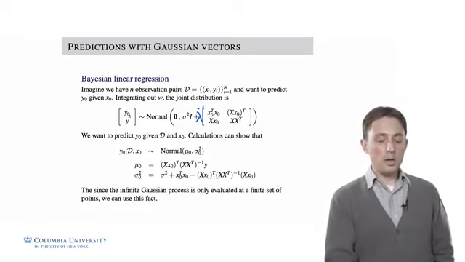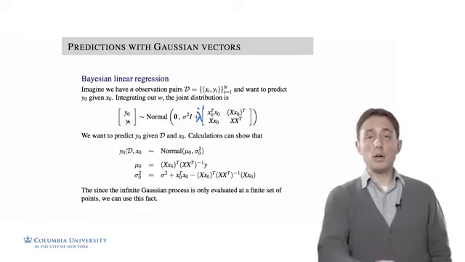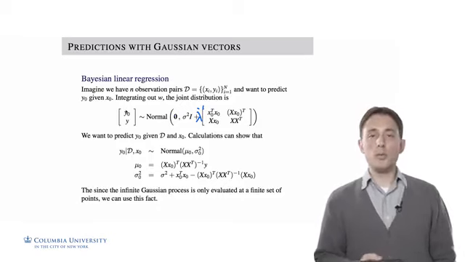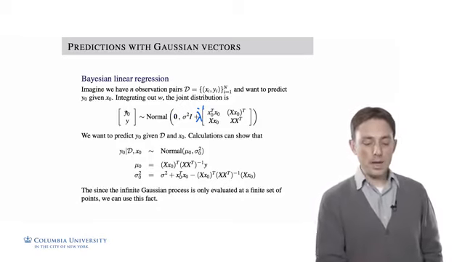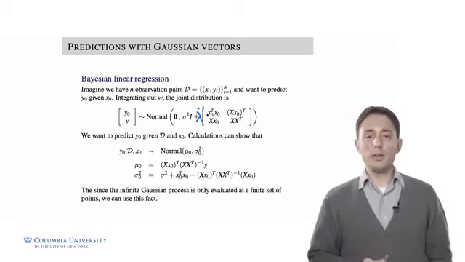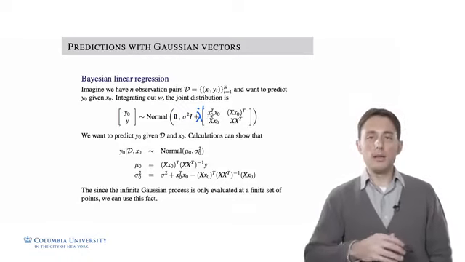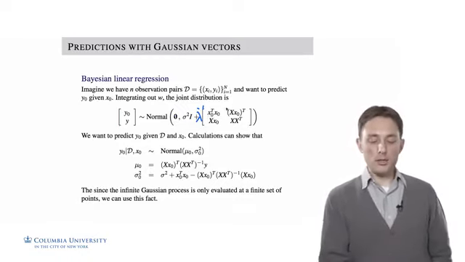Now if I view an extended, augmented vector, where I have one additional point here, y naught, and an additional covariate vector x naught, then we simply augment this covariance.